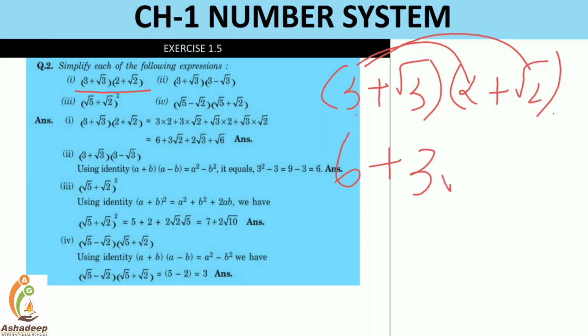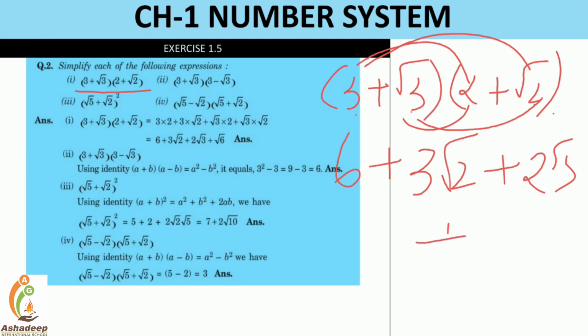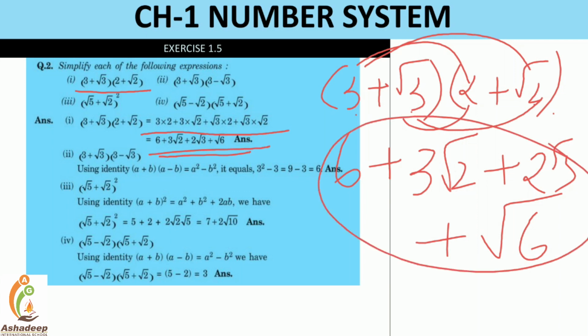So we answer this like 3 square root of 2. Now square root of 3 into 2 is nothing but 2 square root of 3. And here root 3 and root 2, both have roots, so we can multiply them with each other, and the answer is going to be square root of 6, right? See, here each and every step is written, and this is the answer.